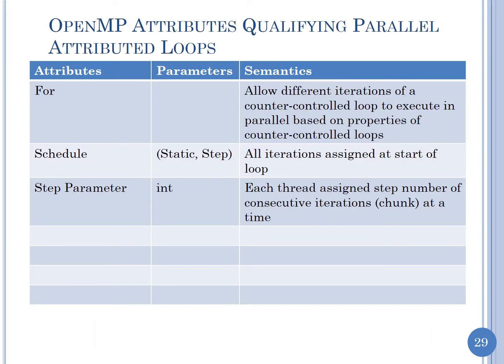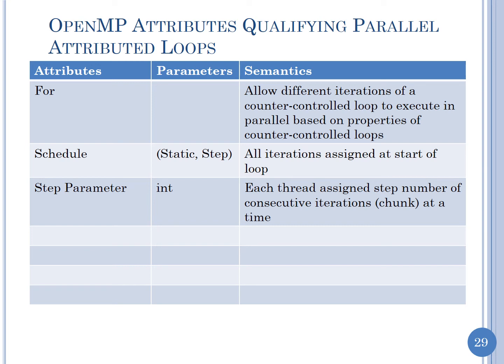The parameter we're going to have is a step parameter. It tells you how many consecutive iterations should be done by one thread. We can set it to any number, and that is the number of consecutive iterations that a thread should do.